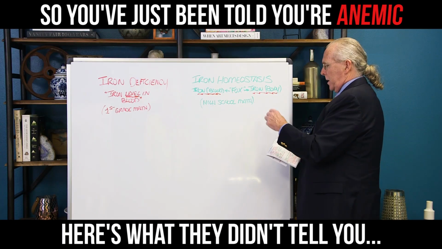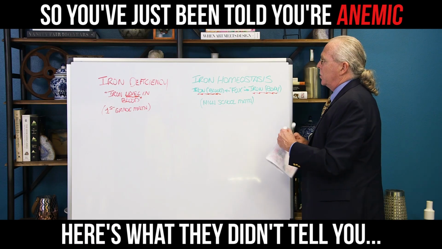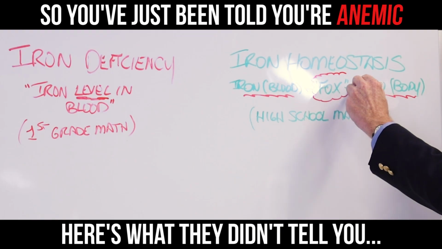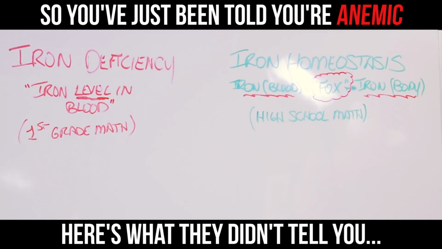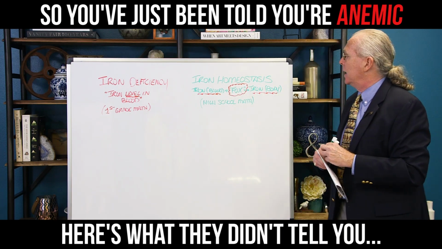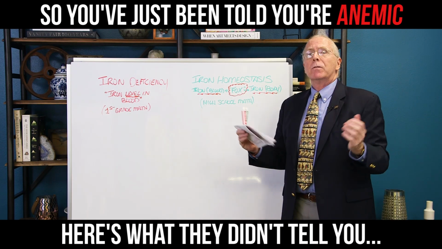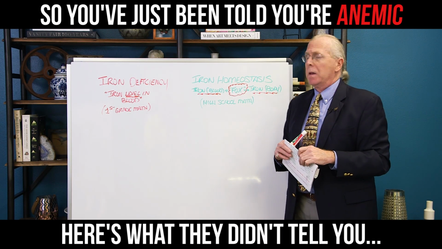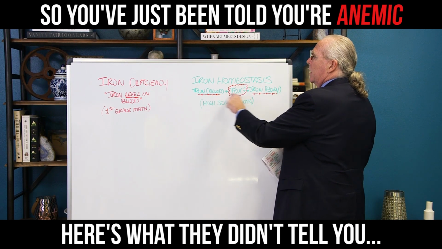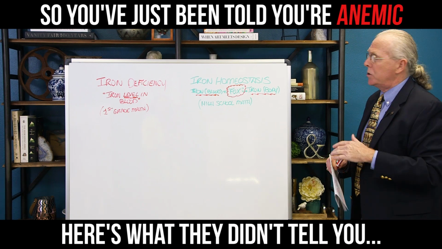There is no convenient way to get to what is the level of this enzyme called ferroxidase. And in my humble opinion, it's the most important enzyme in the human body because it is the master antioxidant enzyme, but it also plays a critical role in managing iron between the blood and the tissue.